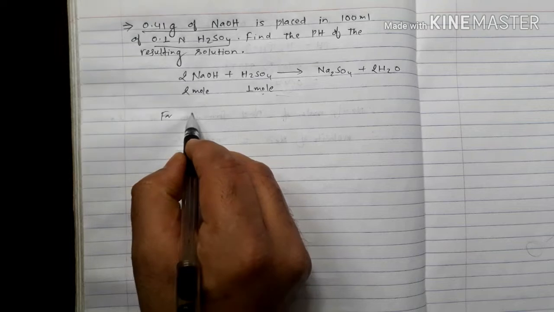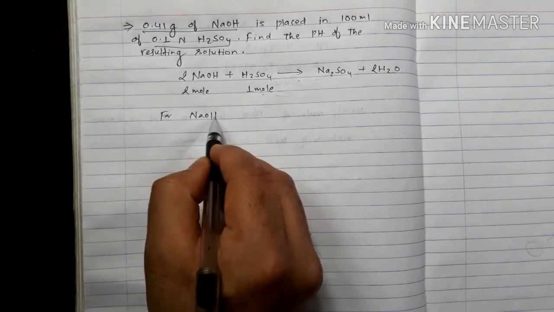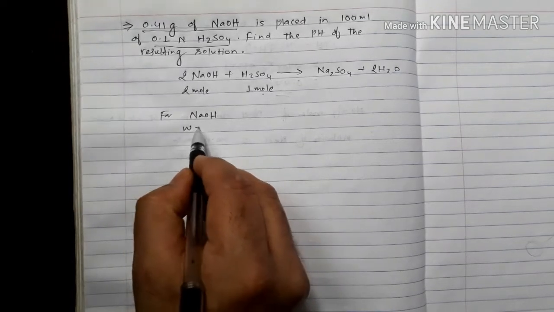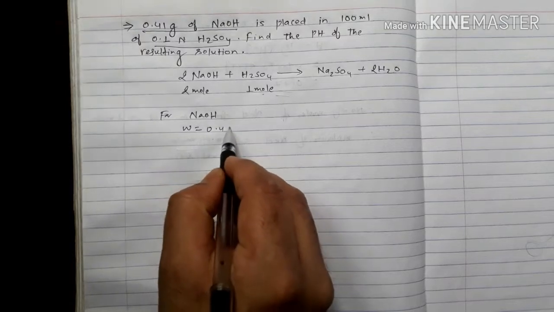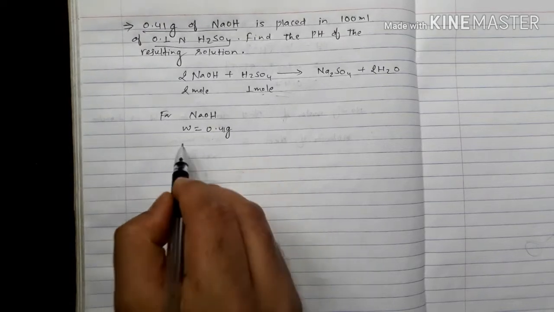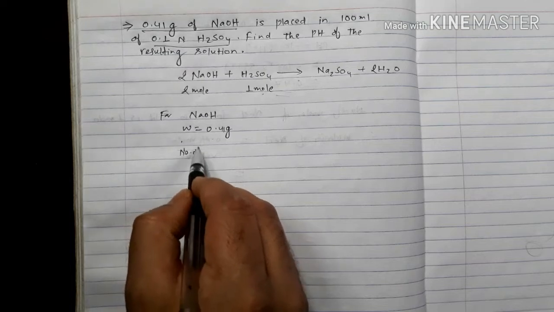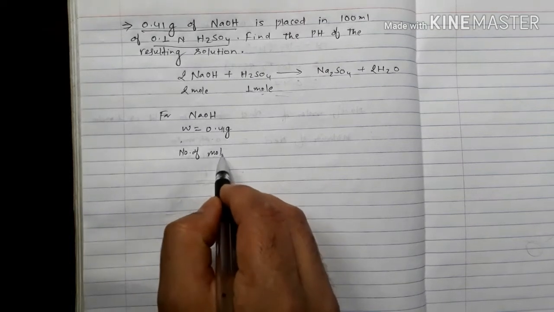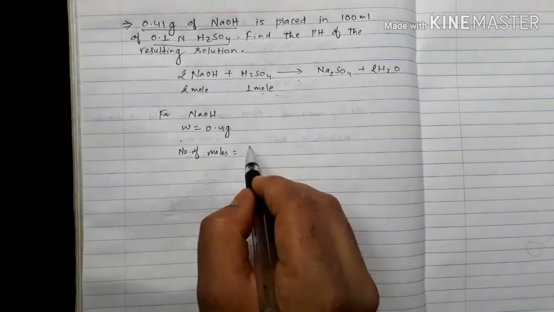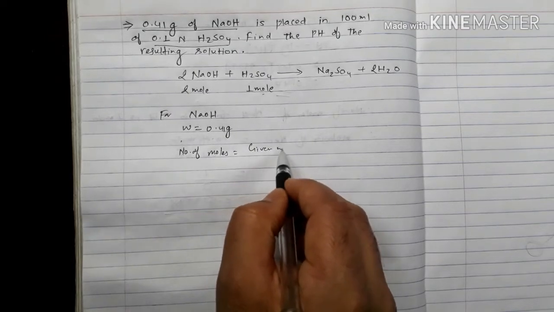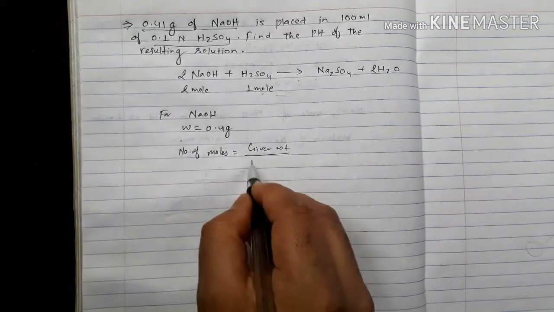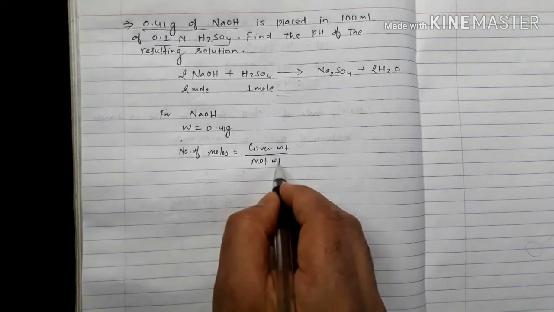For NaOH, the weight is given as 0.41 gram. So the number of moles can be calculated by given weight divided by molecular weight.